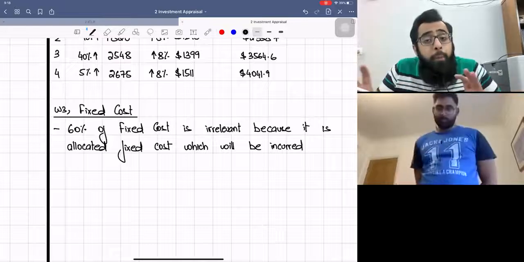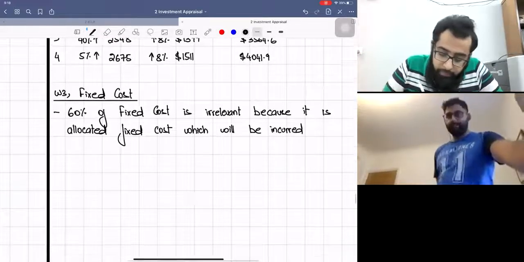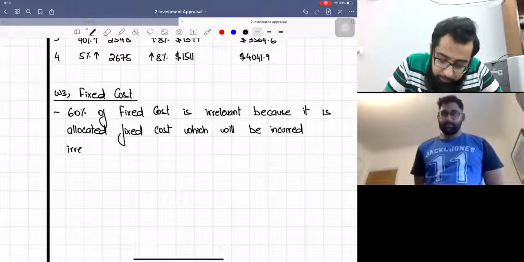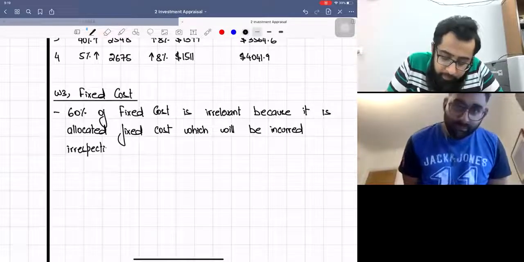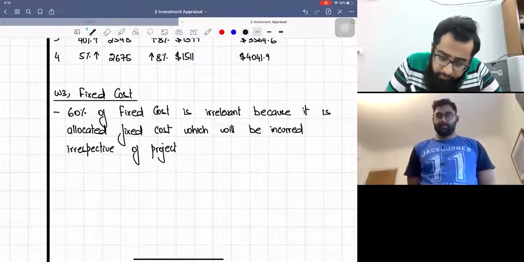Allocated means that it is incurred irrespective; you are just allocating it. So 40% of the fixed cost is relevant.